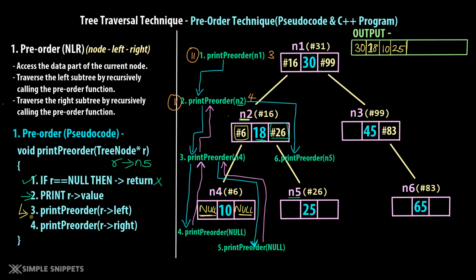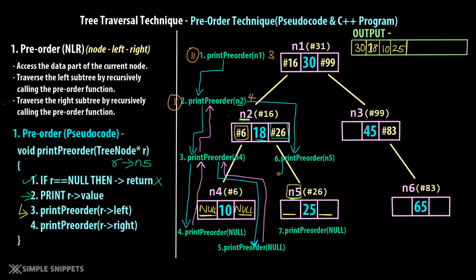In step 3, we are giving a recursive call to print preorder, this time with r of left. R is nothing but n5. What is there to the left of n5? We have null. What is there to the right? We have null. So let's see the 7th print preorder call.